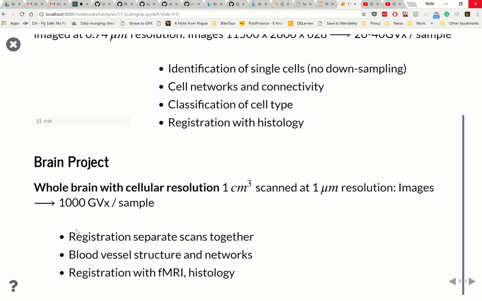And then there is registration of separate scans together, identification of blood vessel structures and networks, how they are linked together, how they are evolving at different time points, and then ultimately registration with other modalities like fMRI and histology to see how these brains reflect the other information that's gathered, so you can start to understand how this brain might actually work, or at least some of the important connected parts.